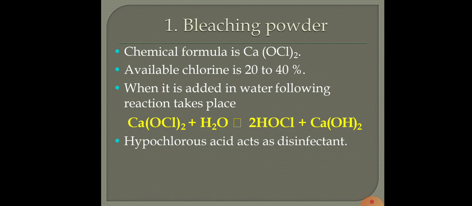When chlorination was first introduced, bleaching powder was very widely used, but it is not very stable, and it loses its strength when stored for a long time or when exposed to air, and therefore it is used only for small installations or under emergency conditions.